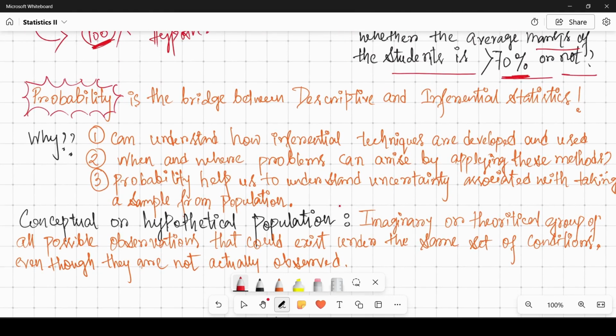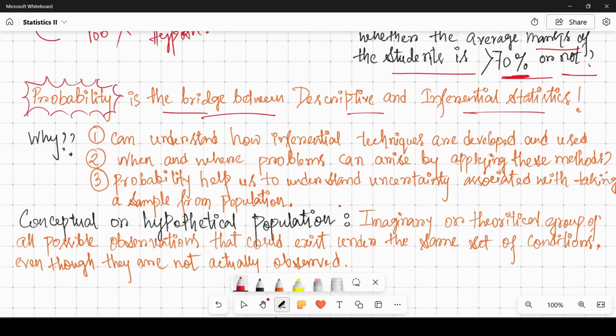That is probability and stat. So this is a combination. Why is probability included in statistics and why is the study of probability important? Because the main fact is that probability acts as a bridge between descriptive and inferential statistics. Why is it acting as a bridge?